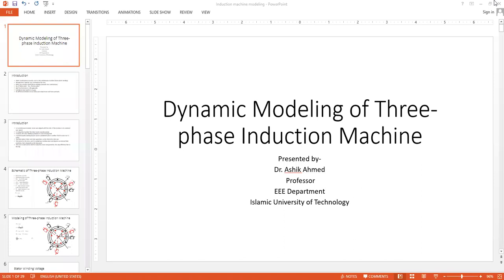We talked about the dynamic modeling of the exciter, which controls the reactive power output of the generation system. Then we also talked about the design of the power system stabilizer that helps in enhancing the system stability, of course, the small disturbance stability.